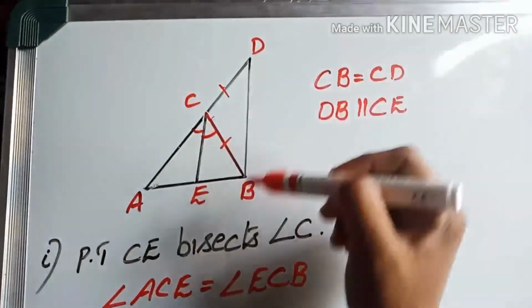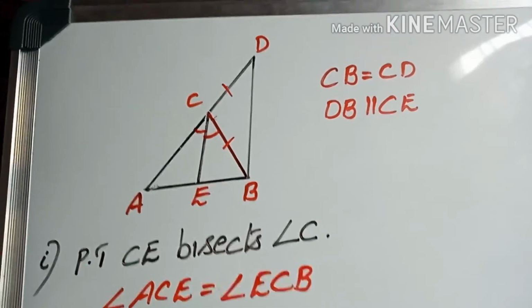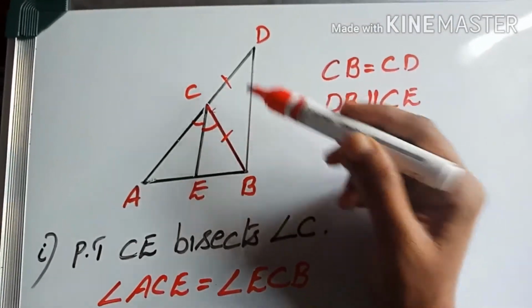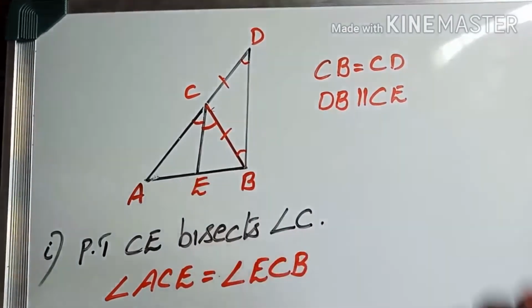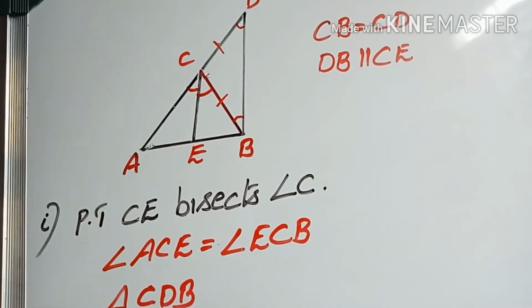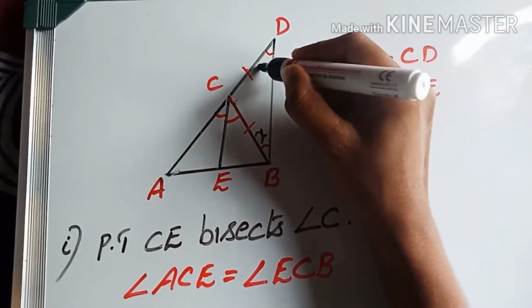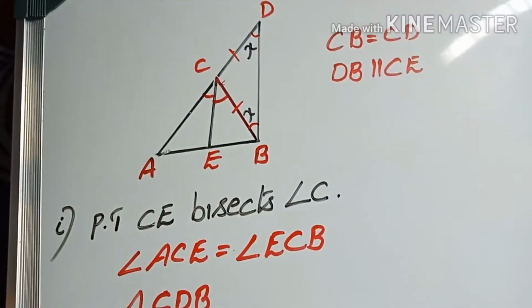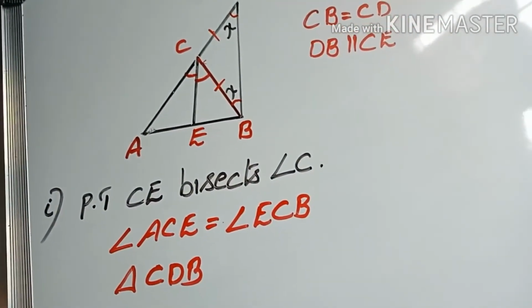So this triangle is an isosceles triangle. Isosceles triangle means not only two sides, the angles will also be equal. That means these two angles are equal. Let's take that angle as x degree. This is x degree and this is x degree. We don't know the measurement, that's why we took that angle as x degree.